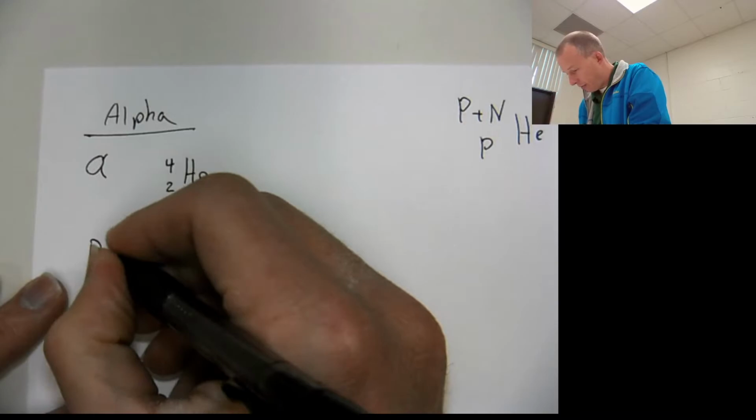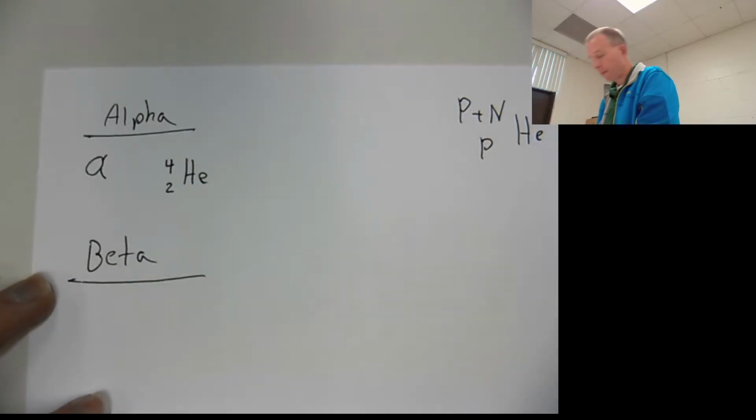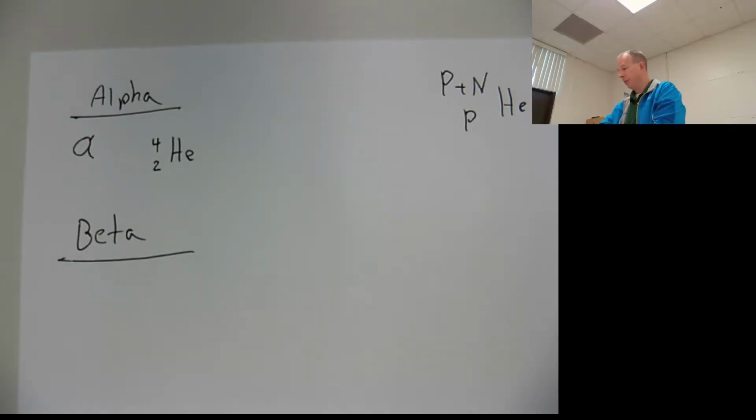Next we have beta decay, when you have a beta particle emitted. This can be a little confusing to students sometimes because of the way it ends up looking, but I don't want you to think anything too crazy. It's pretty straightforward stuff.